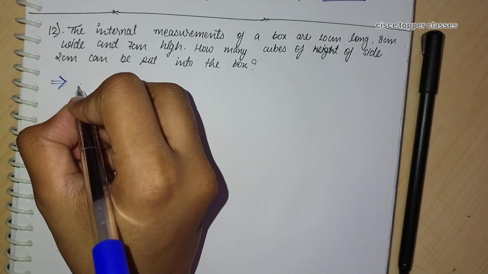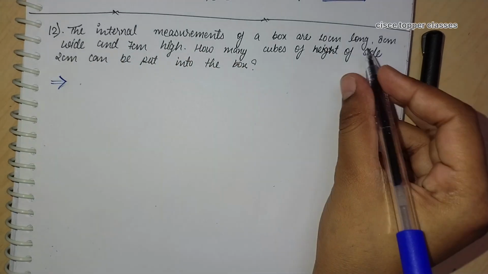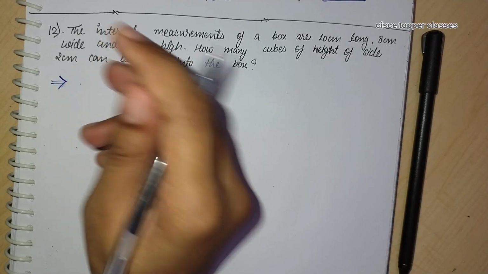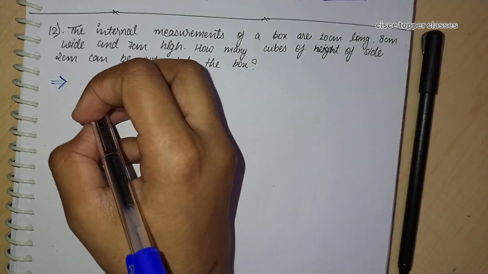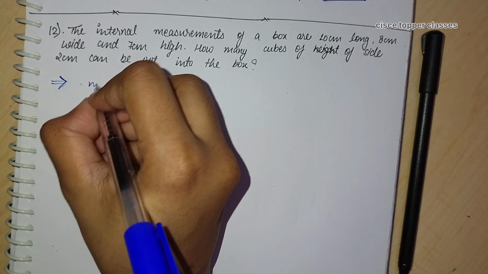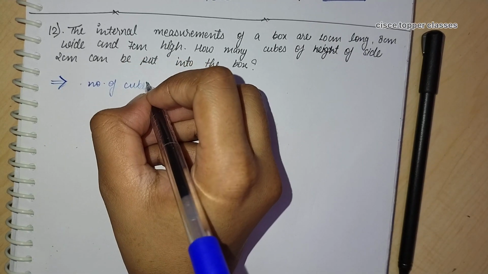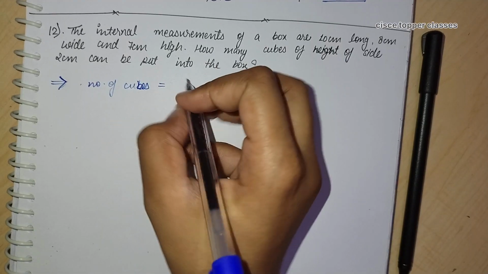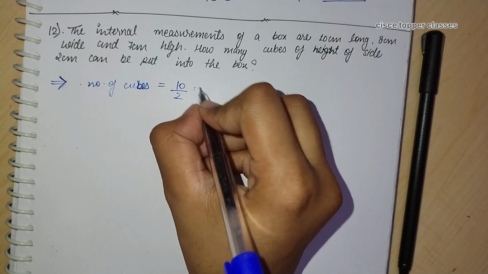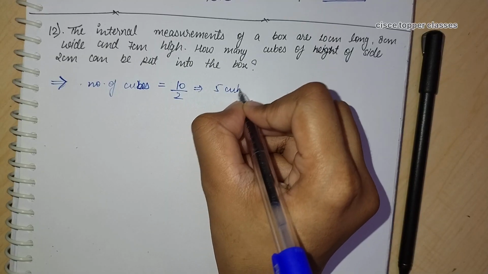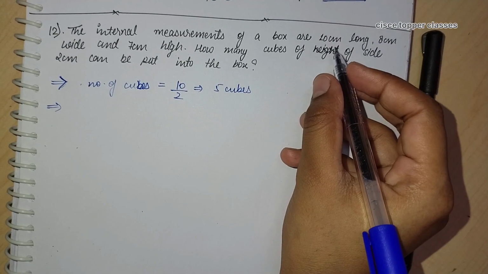So over here we can take dimensions, means how many cubes of 2 centimeter can be fit into the length? Number of cubes will be here 10 divided by 2, means 5 cubes will be set into the box by length.